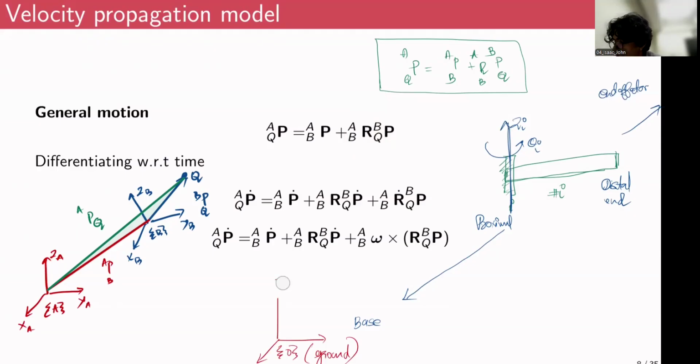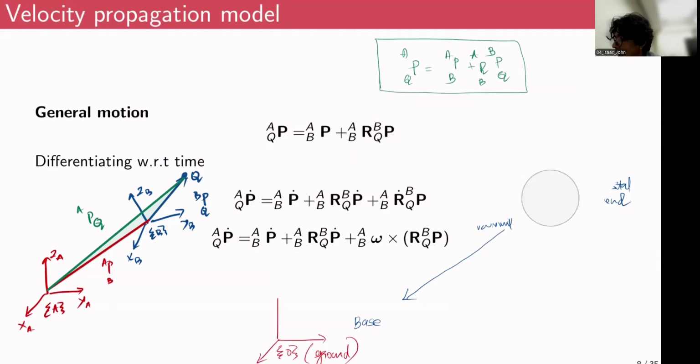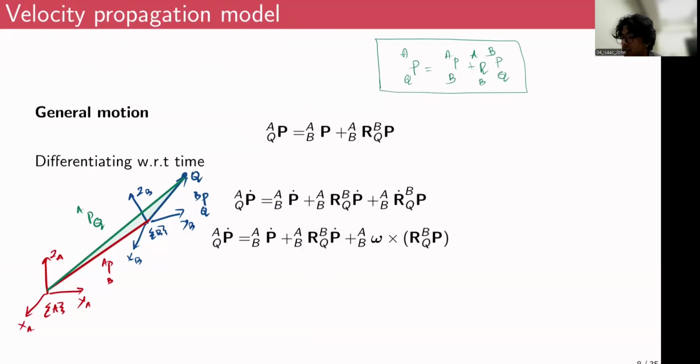All right. So we were discussing the velocity propagation. I think before we get further on to this expression, I'll just talk about why we are doing this velocity propagation.